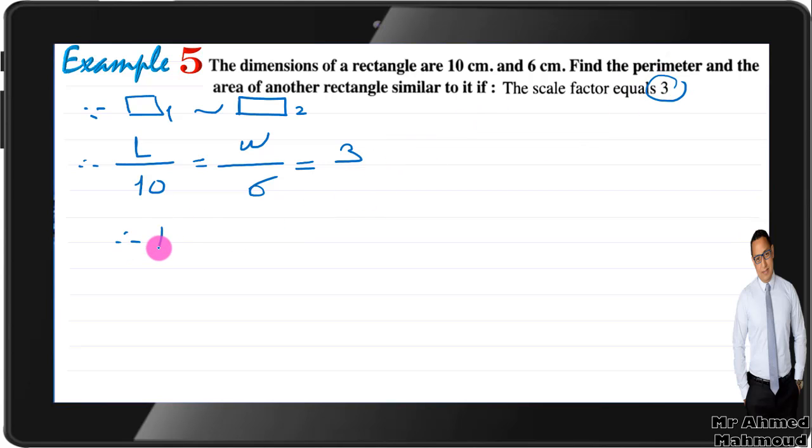Therefore, L equals 10 times 3 equals 30 centimeters, and W equals 6 times 3 equals 18.